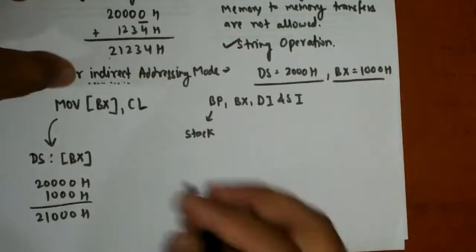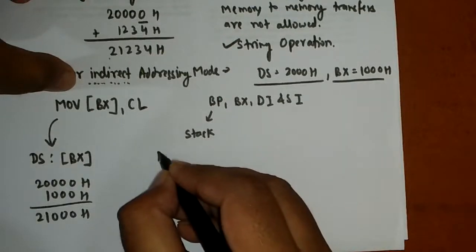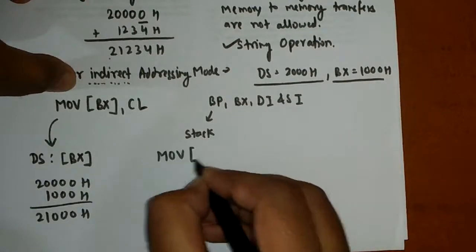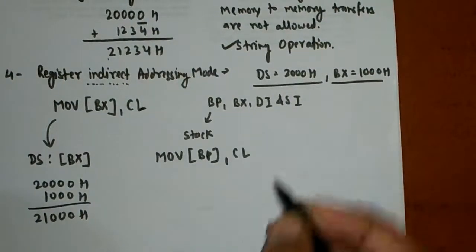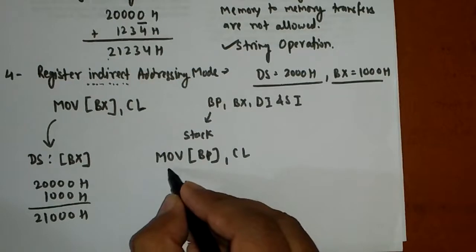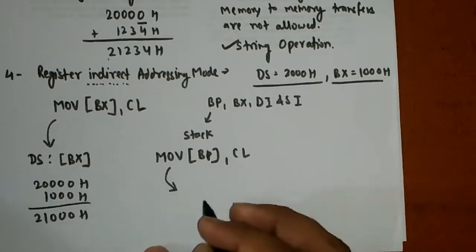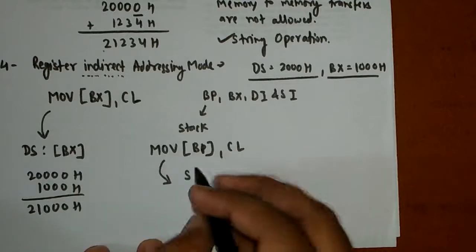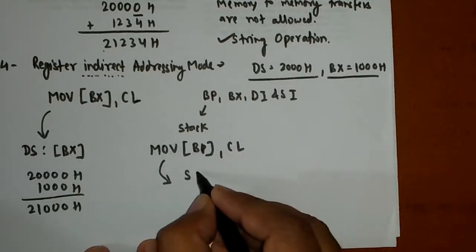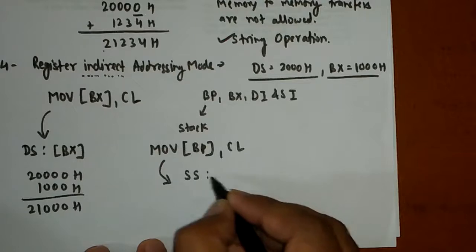Then if you encounter an instruction like MOV [BP], CL, in that case for the 20-bit address you will use the stack segment, not the data segment, because the base pointer is by default registered for the stack segment.